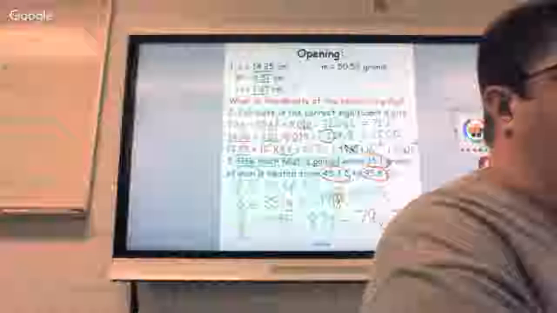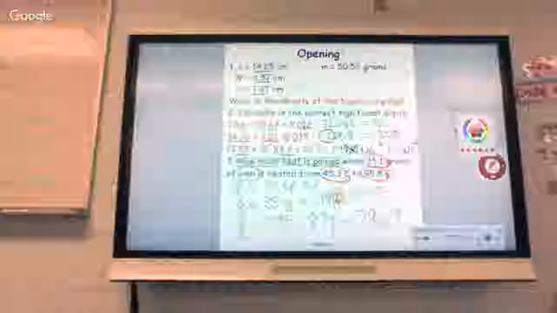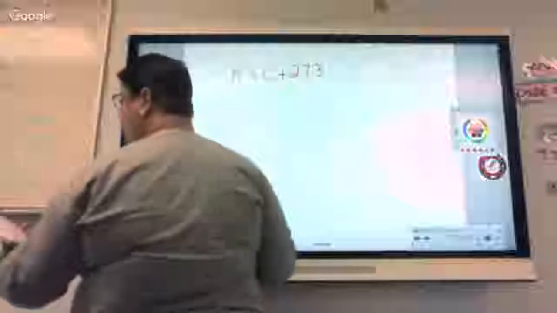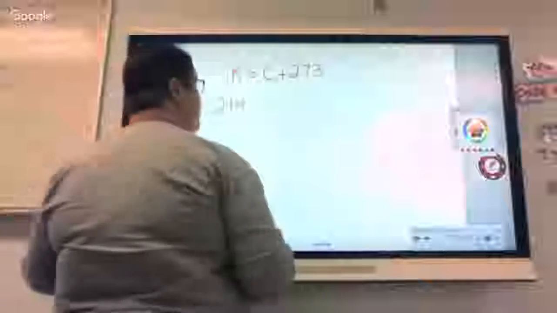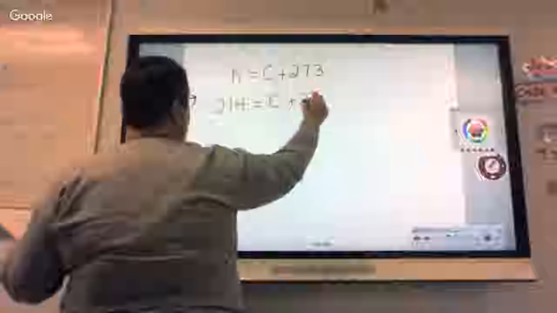Y'all told me you know how to use this formula yesterday. K equals C plus 273. For the first one, I gave you 214 K. So you put the 214 there, equals C plus 273.